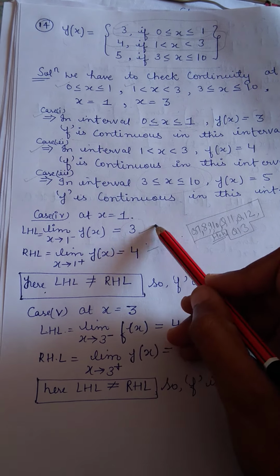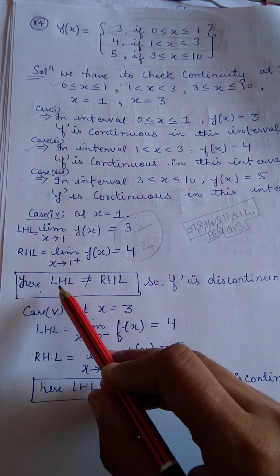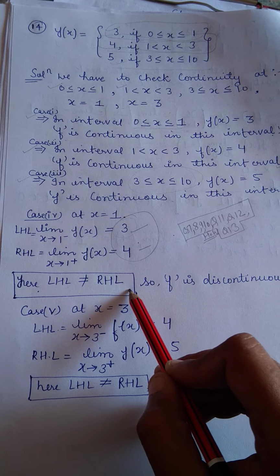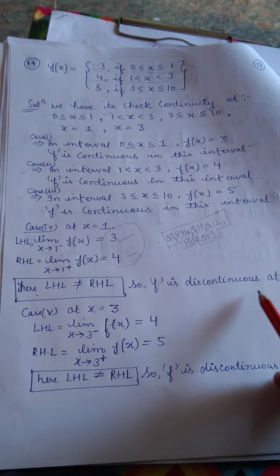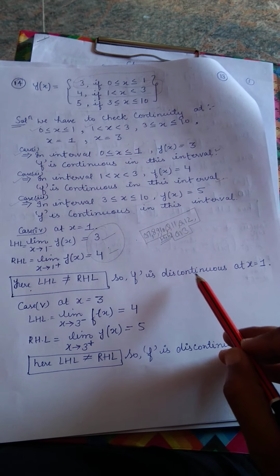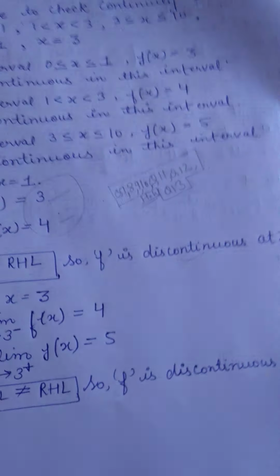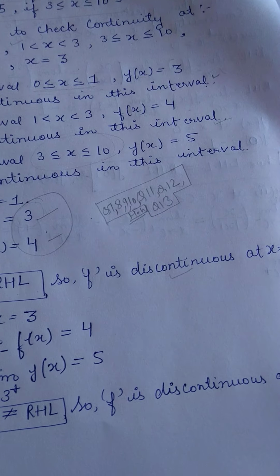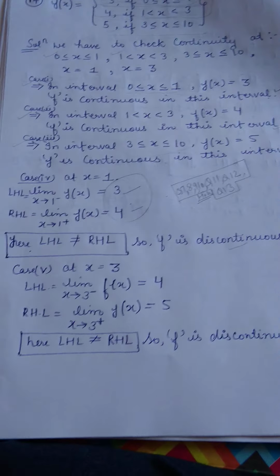So here it is observed that these two are not the same. Here LHL is not equal to RHL. So what can I write? The function is discontinuous at x equal to 1.